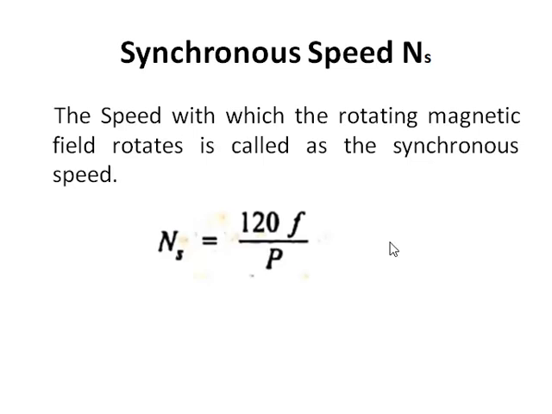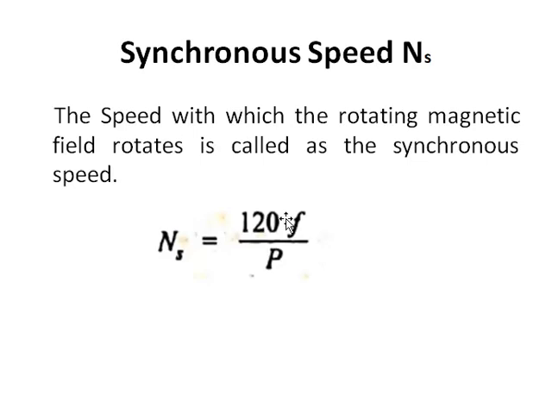We are going to give the three-phase supply to the stator winding. The frequency of that supply is f, represented in cycles per second or hertz, and p is the number of poles on the induction machine.